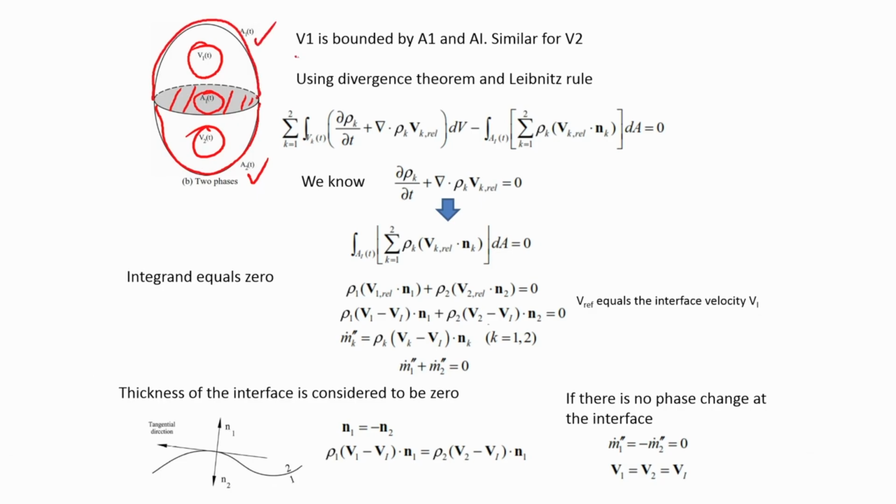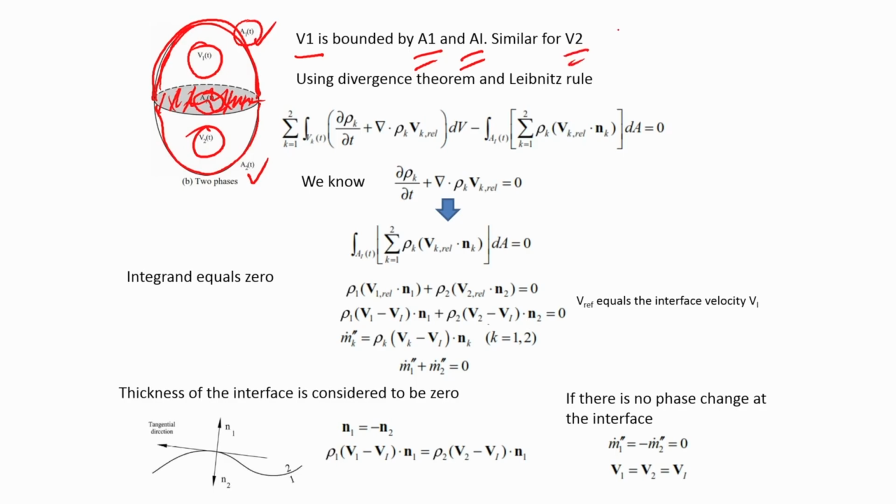So, V1 is bounded by AI and A1, correct. If you consider the whole V1 volume, it is surrounded by A1, it is also surrounded by this AI, right. So, if you consider the area that actually encloses V1, you will find that it is AI and A1.